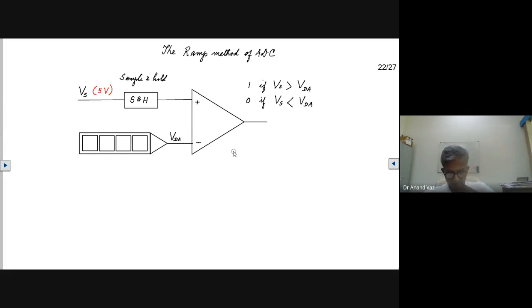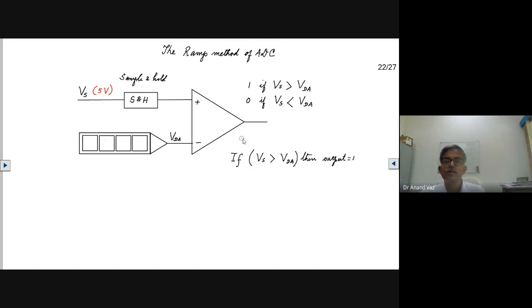So if VS is greater than VDA, that means the output is 1, then you will increment the count.